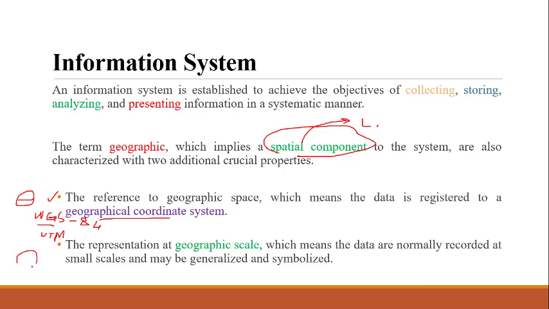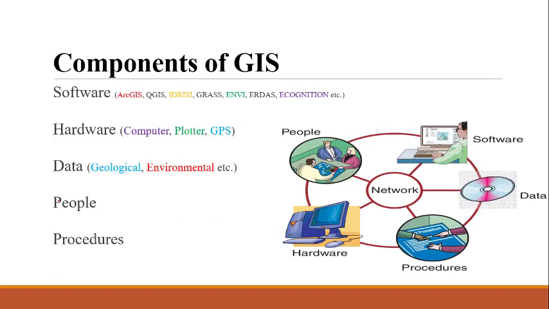For example, if you want to see an object on the earth's surface, the large scale means it has full detail, so we can see it easily, and if it is on a small scale we cannot see the detail easily. So the other term related to geographic data is geographic scale, and the other one is the geographical coordinate system.